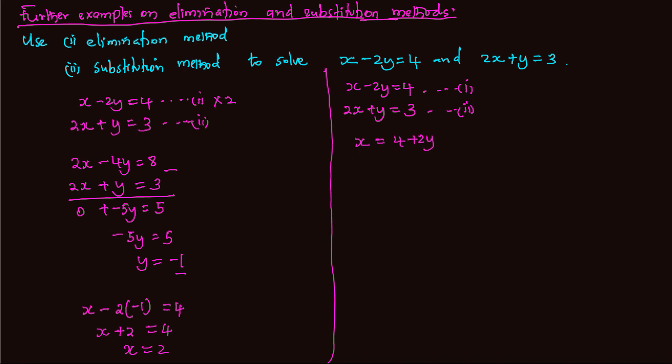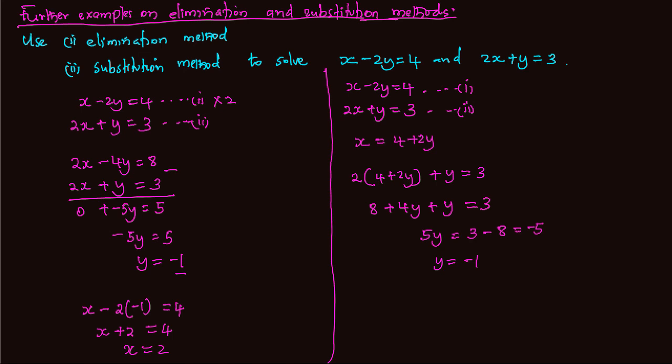Substituting into the second equation, we have 2 into 4 plus 2y plus y is equal to 3. Opening up the brackets, 8 plus 4y plus y is equal to 3. Collecting the like terms, 5y is equal to 3 minus 8, which is equal to negative 5. Therefore, y is negative 1.